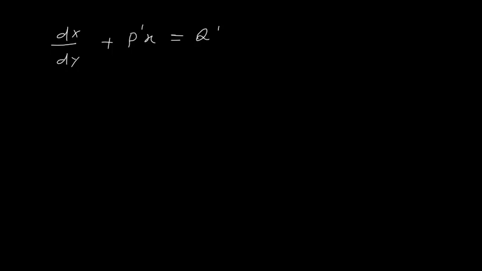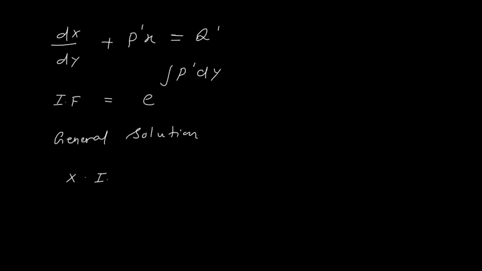We will find the integrating factor, which here will be e power integration of p dash dy, and then we write the general solution. The general solution here will be x into integrating factor is equal to integration of q dash into integrating factor dy plus some constant.